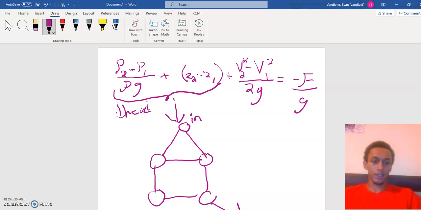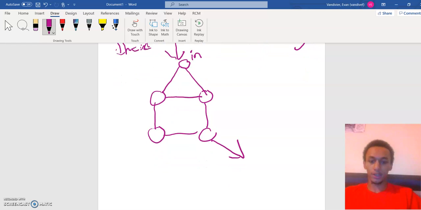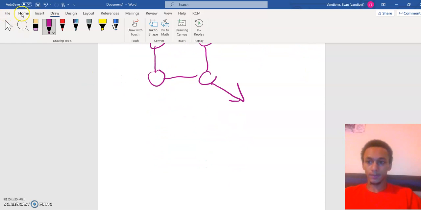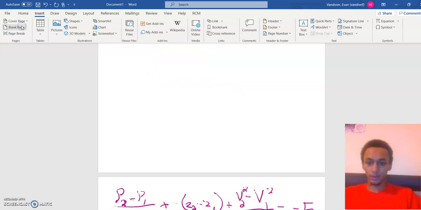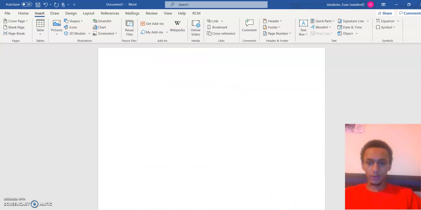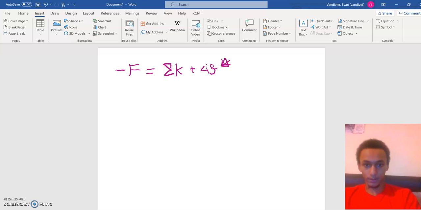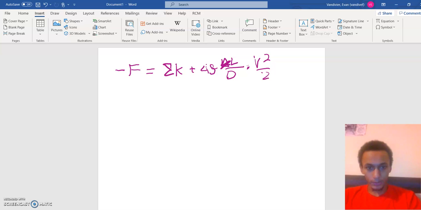But what we need is to get the frictional force and substitute that in for a different equation. So insert a blank page. So the friction force, negative F, is equal to the sum of K plus 4F L over D, and we have to multiply this by velocity squared over 2.